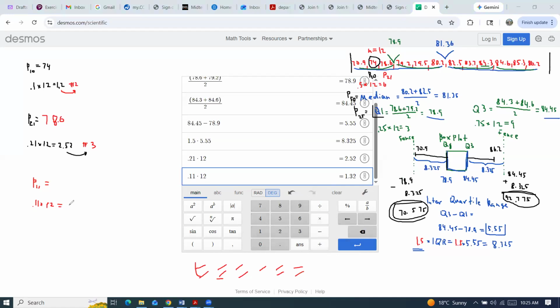and that's great. But anyways, please notice that's a decimal 1.32, and the rule says you got the decimal, move up to the next position. So I got the decimal 1.32, next whole number is 2. So we got the second position again.